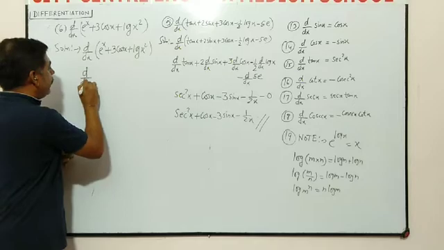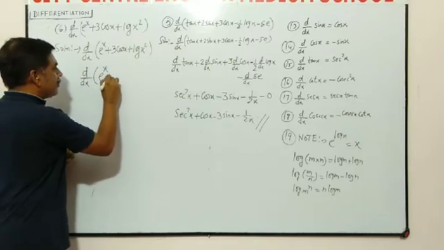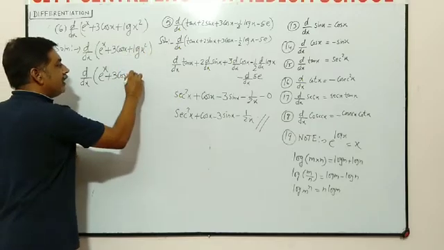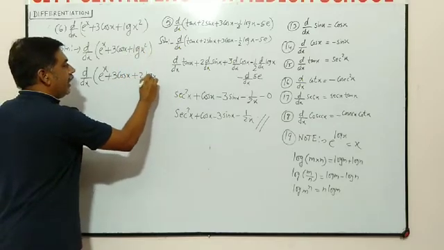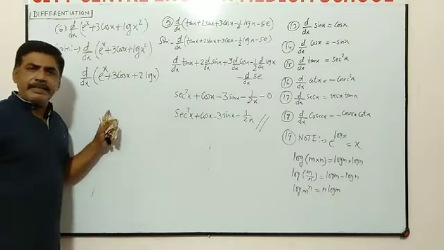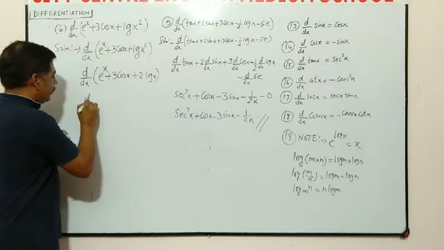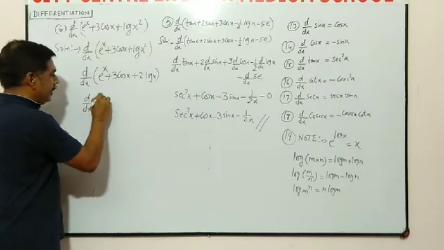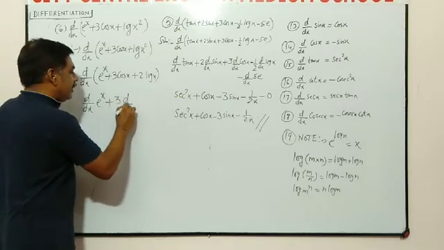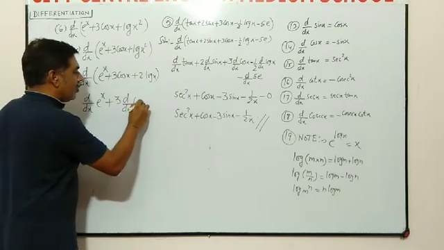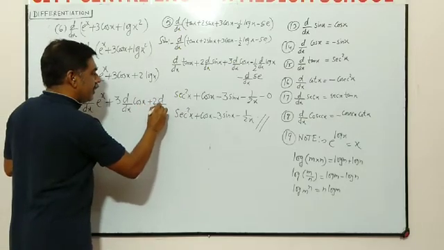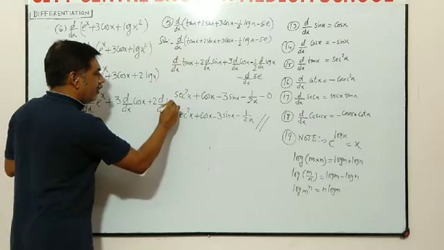So d by dx of e raised to x plus 3 cos x, and log m raised to n is n log m. Clear? So 2 log x. Now we can easily differentiate. So d by dx e raised to x plus 3 d by dx cos x plus 2 d by dx log x.